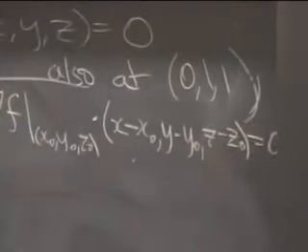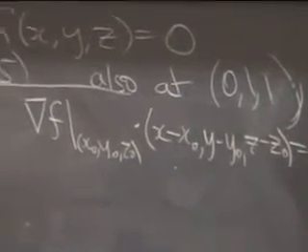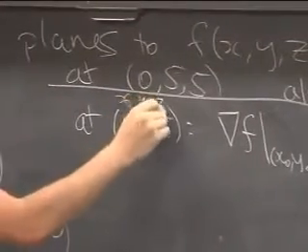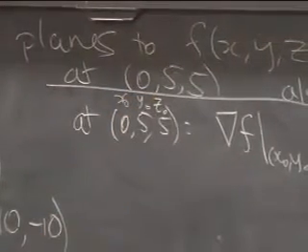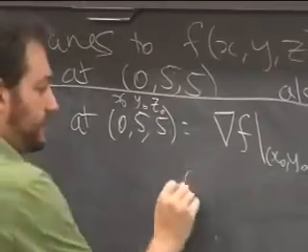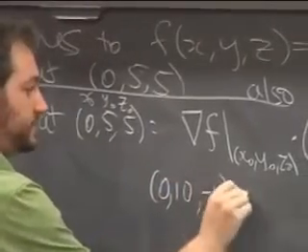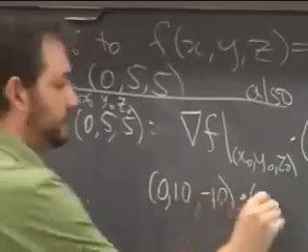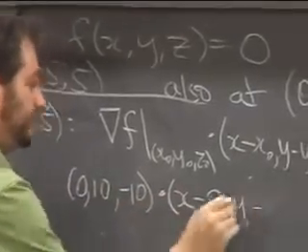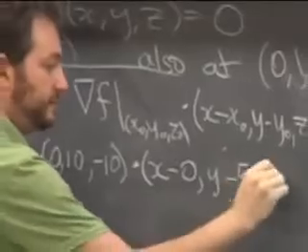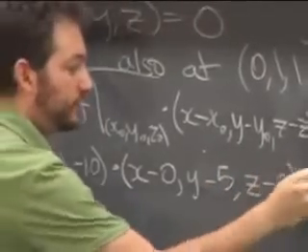So in our case, just to clarify, this is the x0, y0, z0, so I have to plug that in. The vector that I have was (0, 10, -10) dot (x - 0, y - 5, z - 5) equals 0.